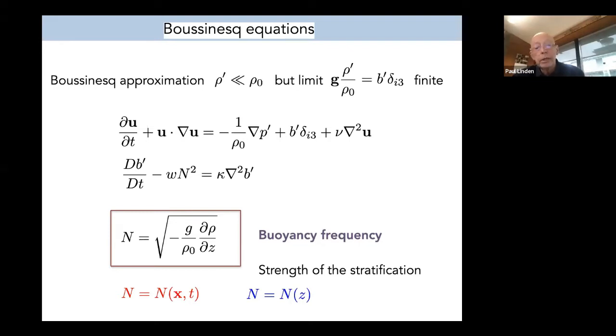Now, in general, the buoyancy frequency can be a function of all dimensions of space and time. But at least in the mean, in these stratified shear flows, we're really concerned with the vertical variation in density. So N is a function of z.